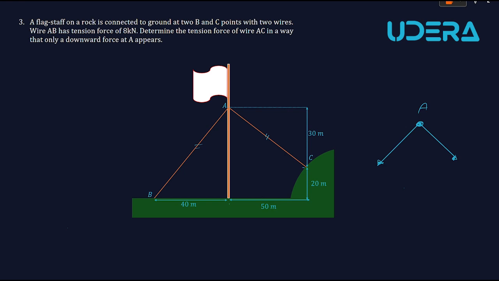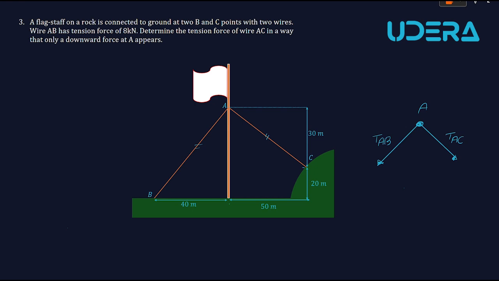I name the forces and their vectors TAB for the wire AB and TAC for the wire AC. TAB is known, which is 8 kilonewtons, but TAC is unknown.